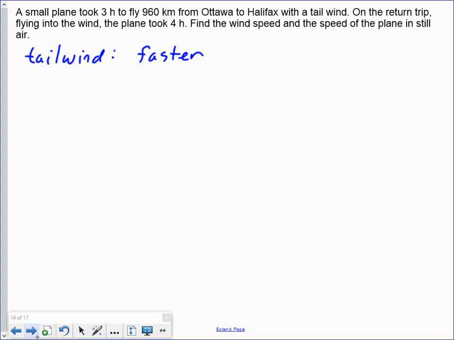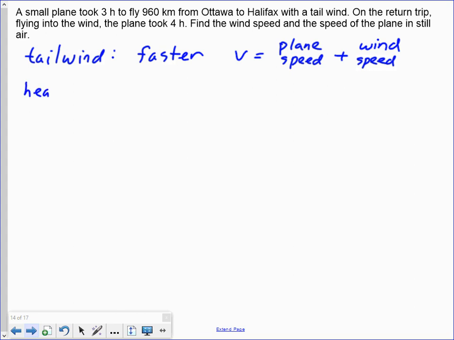So if the plane is going faster, we've got the plane speed, and we're adding the wind speed to it to get the total velocity. Like our speed of our plane is increased by the speed of the wind.